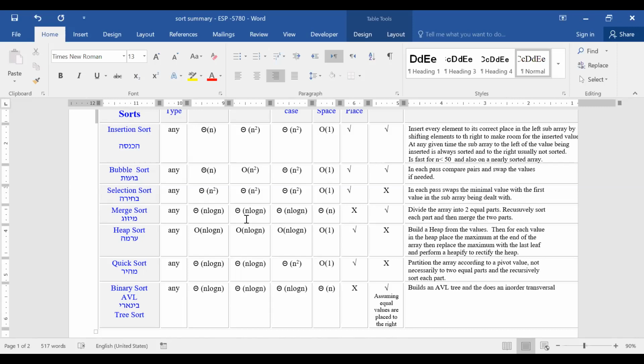You're making more than one array, but you're only making arrays of some of the elements, not all the elements. But think about your first merge sort call. When you first call merge sort, you take your full array of n elements, and then you make 2 subarrays of n over 2 elements. But then you call merge sort on each of those.